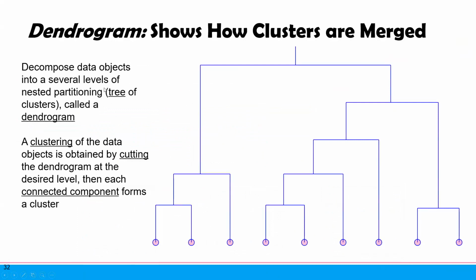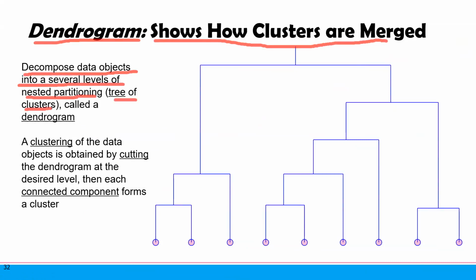When we create the hierarchical clustering, we have a result we call a dendrogram. A dendrogram shows how clusters are merged. So it decomposes the data objects into several levels of nested partitioning. We call it a tree of clusters. So you have the decision tree for classification, but in clustering, we also have a tree.